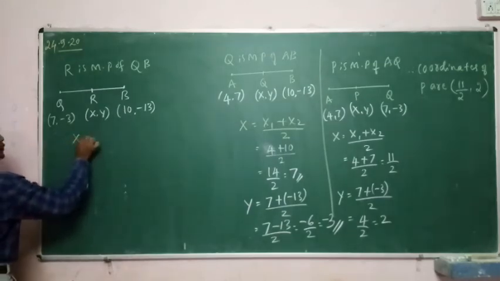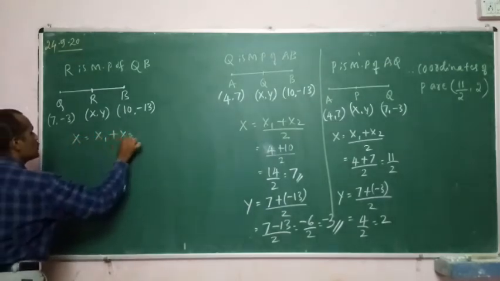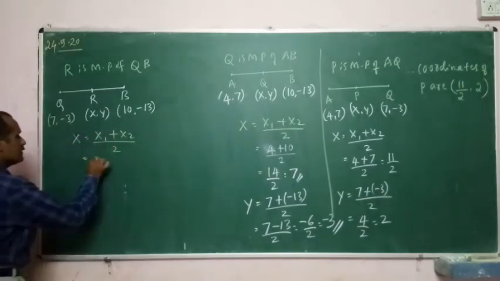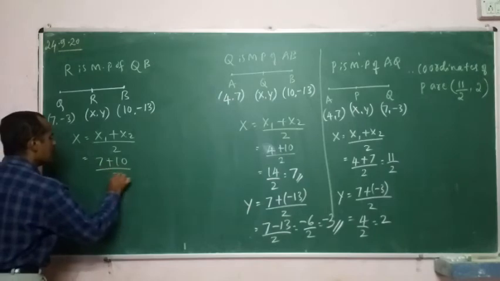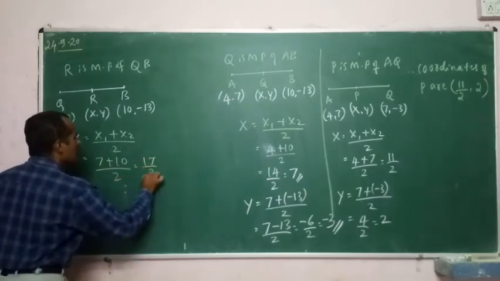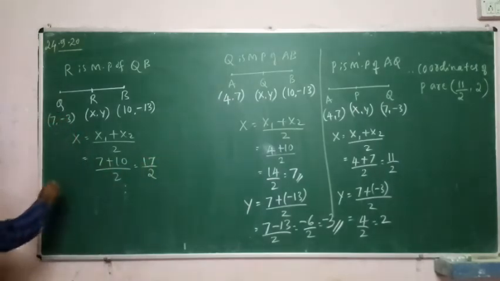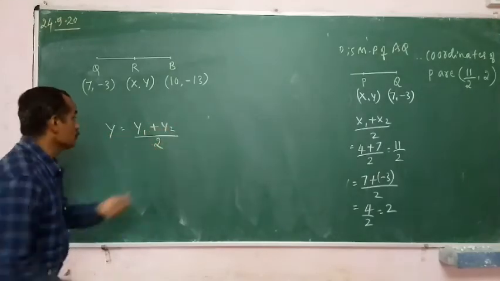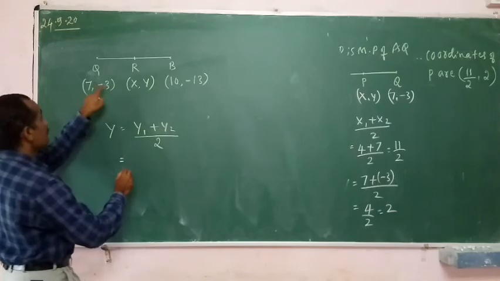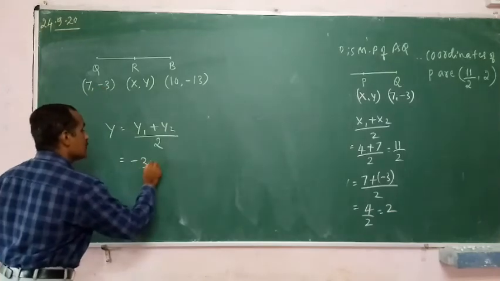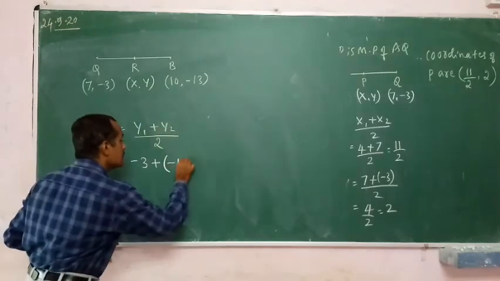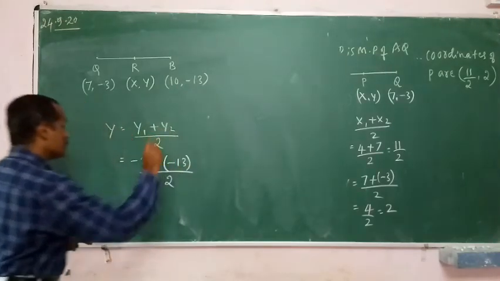x is equal to (x1 + x2) divided by 2. Come on. 7 plus 10 divided by 2. 17 by 2 is the answer. y is equal to (y1 + y2) divided by 2. The value of y1 is -3 plus the value of y2 which is -13, divided by 2.